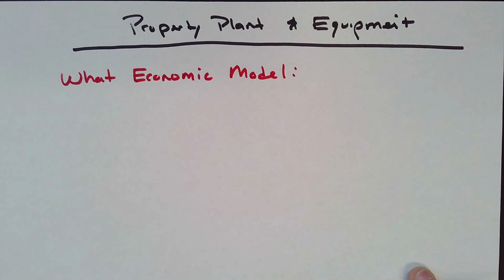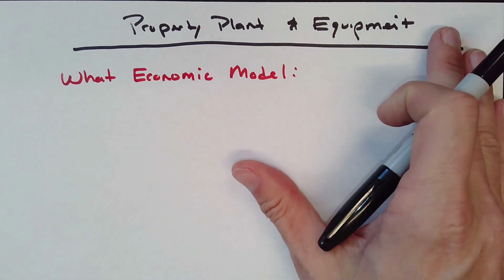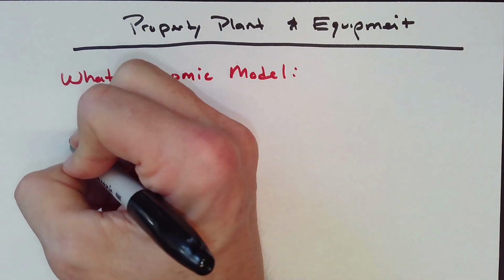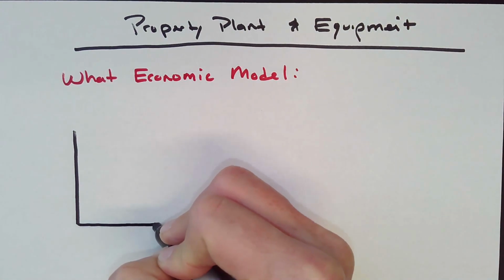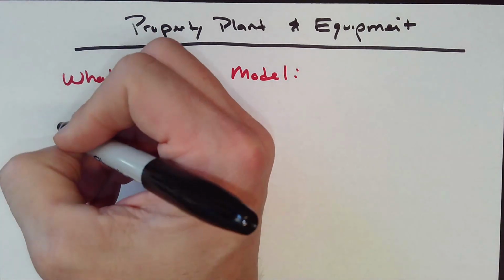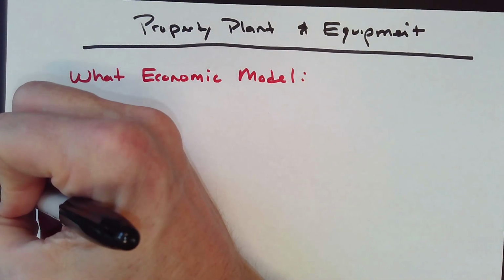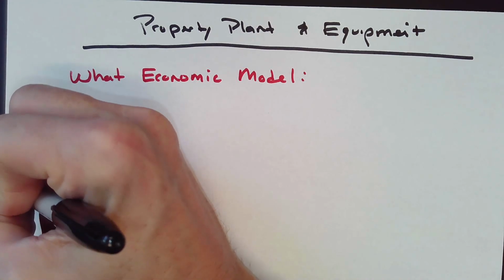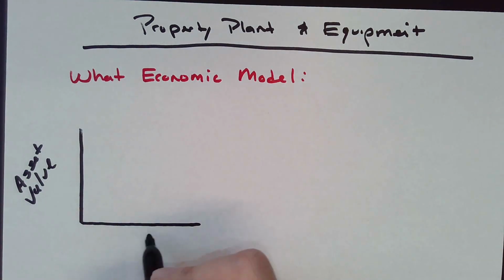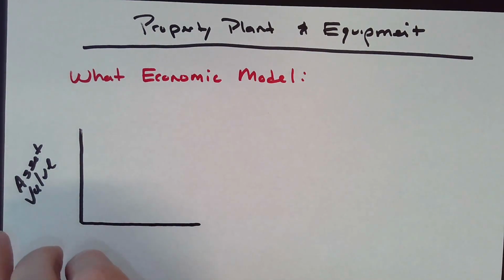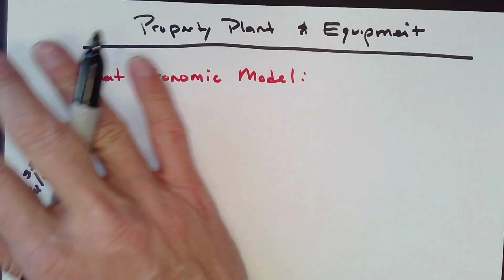All right, I'm going to give you a couple of examples, two pretty simple examples. So let's start with, here we've got on the y-axis the asset value, or asset cost, whatever you want to call that.